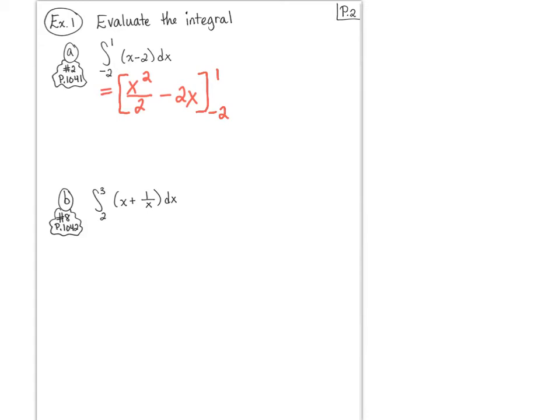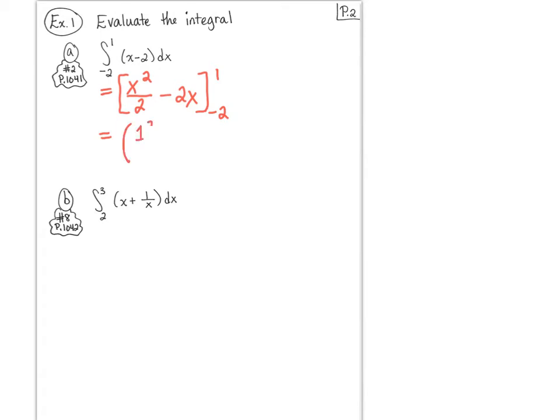So, we found our antiderivative, and now we need to substitute in our values. Remember, you have to start out with substituting in b and subtract what you get when you substitute in -2. It does matter. You must use b first, substitute it in here, minus what you get when you substitute in -2.